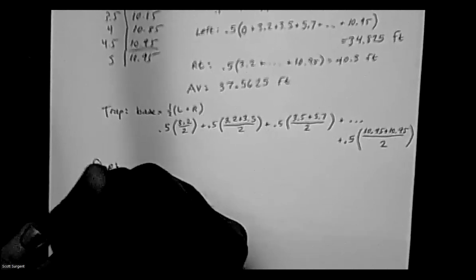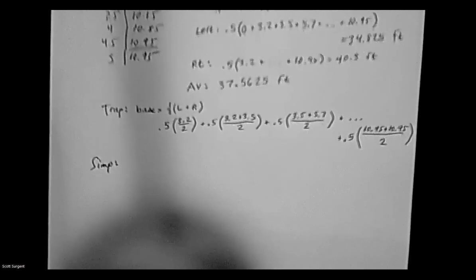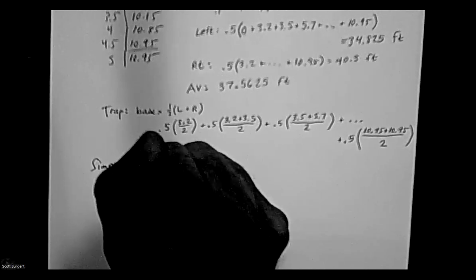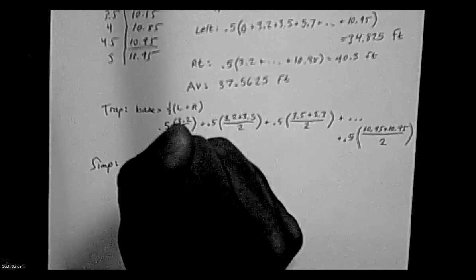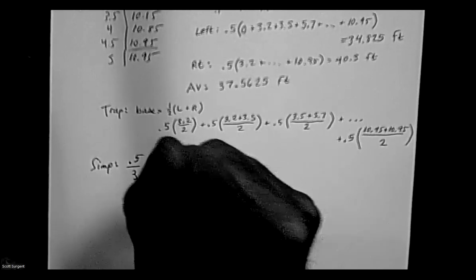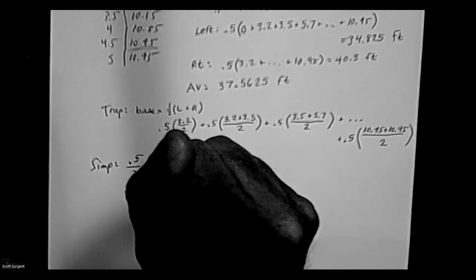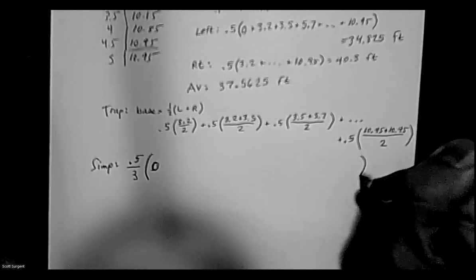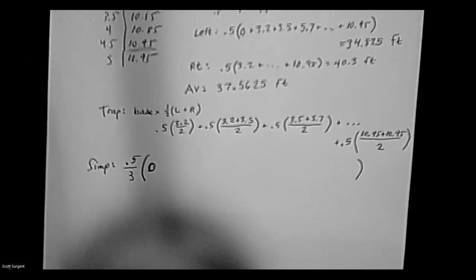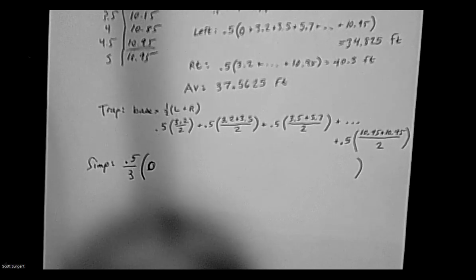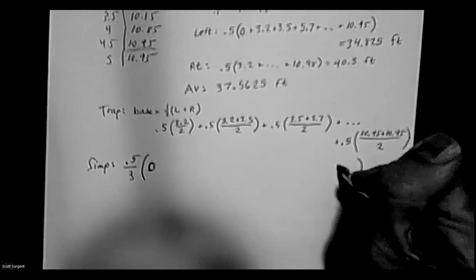So Simpson's rule is, I'll tell you what, I won't do the whole thing. You take the interval length 0.5 divided by 3, and you take the first endpoint, which in this case is 0. You take the last endpoint, which is 10.95.